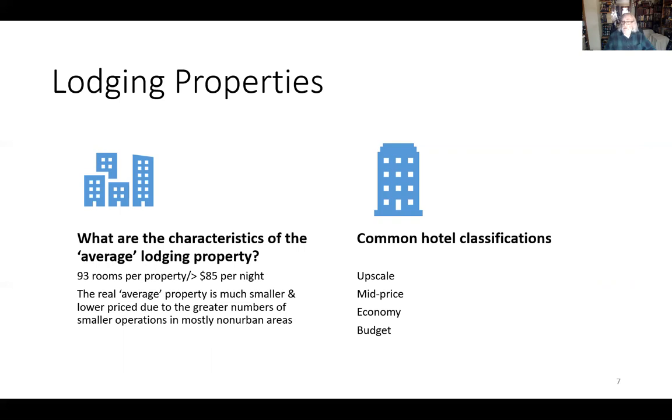What is interesting is that there is no standard price associated with each of these categories. Upscale is upscale, and it's not tied to a particular price, because prices vary around the country, around the environment that the property is in, and it all reflects factors of supply and demand, of course.